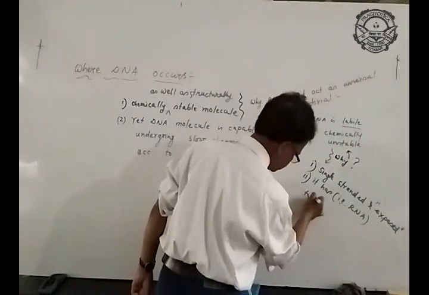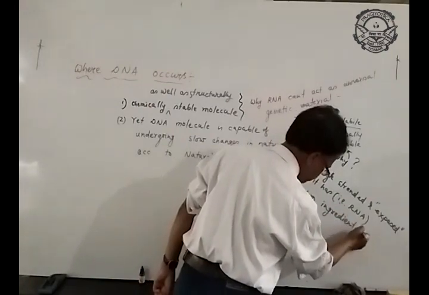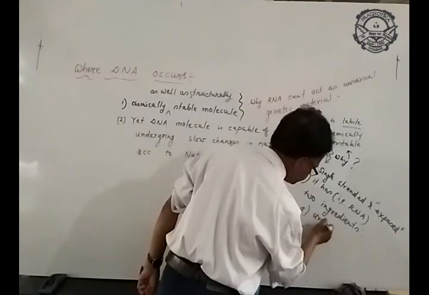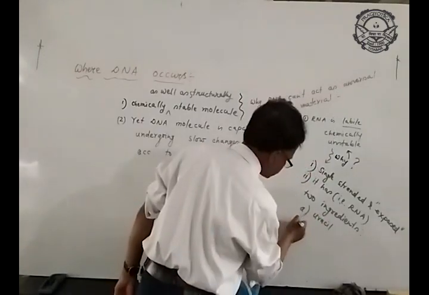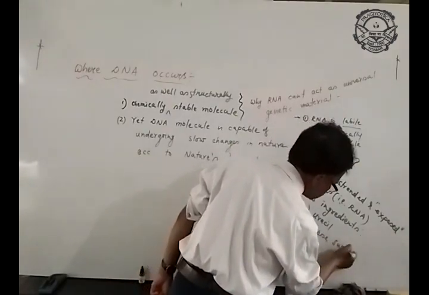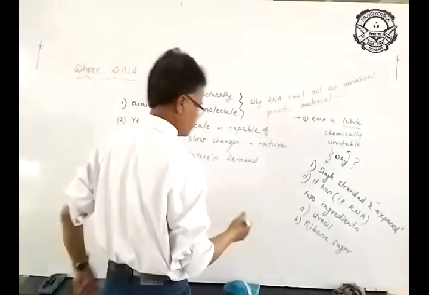Secondly, RNA has two ingredients: number one, uracil, and secondly ribose.